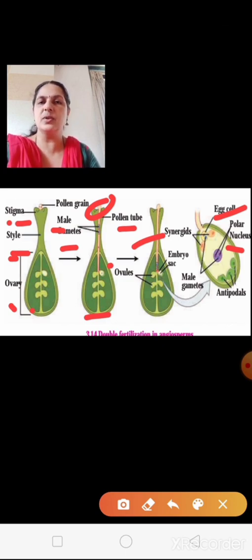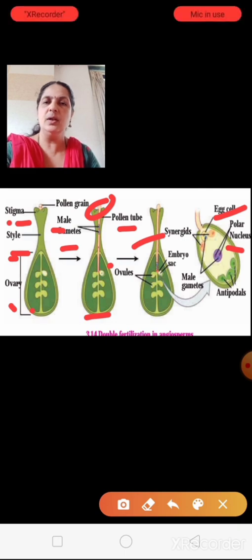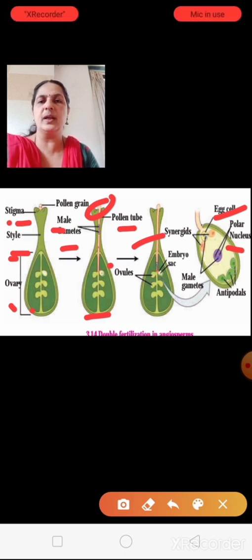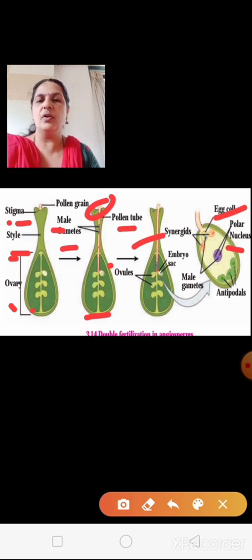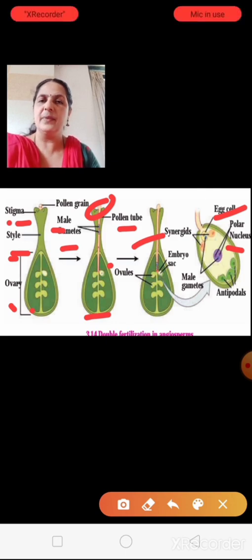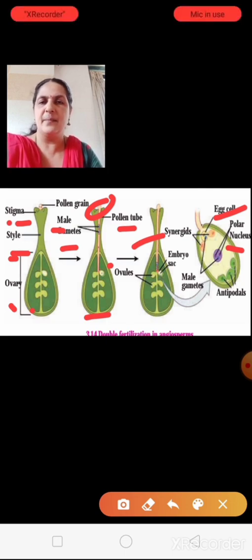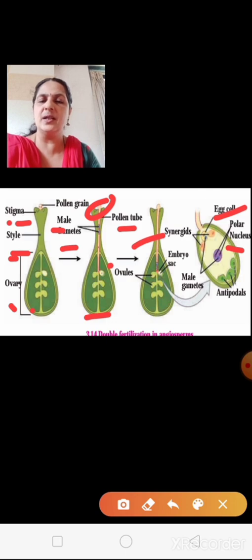And what happens during pollination? We saw the stigma becomes sticky. When the stigma becomes sticky, the pollen grains from the stamen fall on it. The pollen grains fall on the stigma and a pollen tube is formed. Inside that there will be two male gametes, and these two male gametes reach the ovules.